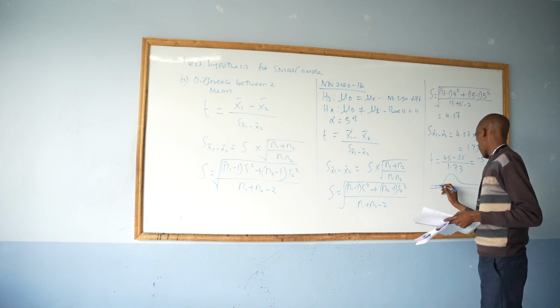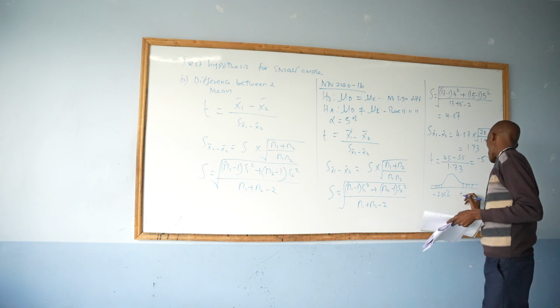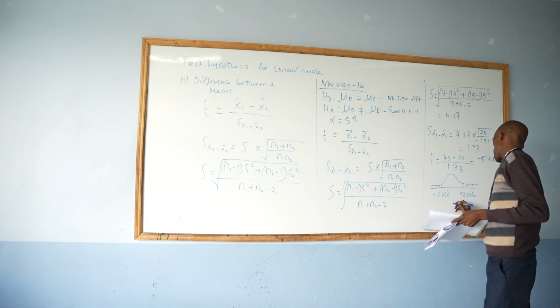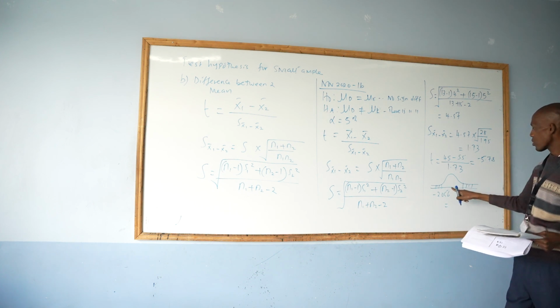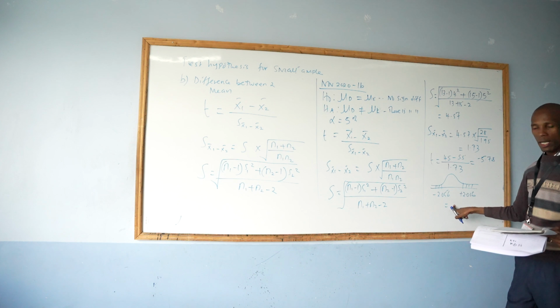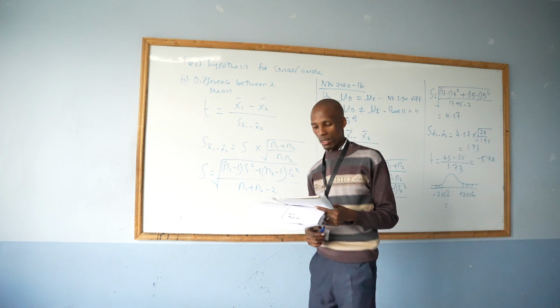So the acceptance region is negative 2.056 to plus 2.056. You now see this one is going to be rejected because it doesn't fall within the acceptance region. So reject, thus there is a significant difference.